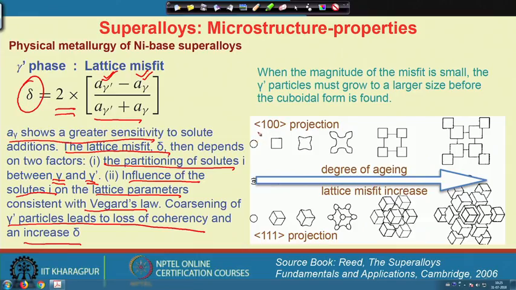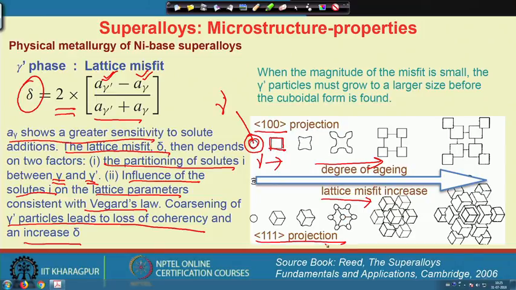Means if we look at this 100 projection of a gamma prime phase in a gamma nickel matrix, then if it is circular, the misfit strain or lattice misfit is less, but if the lattice misfit increases, they will tend to make a cuboidal shape, and this is something very interesting to notice. So, if you increase the degree of aging, then the lattice misfit also increases.